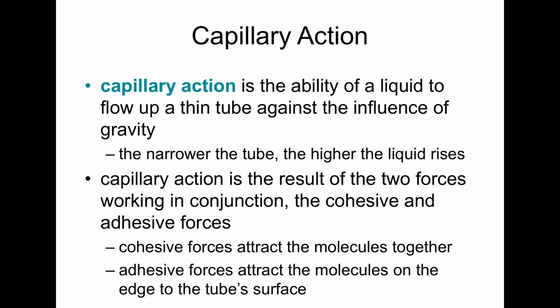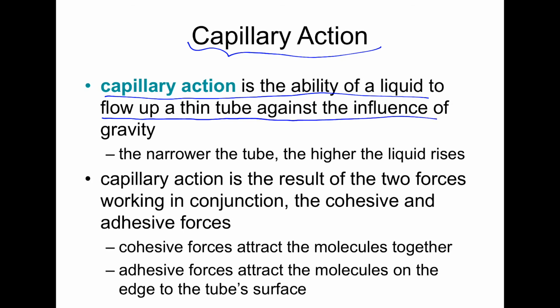The last property of liquids that I want to talk about in this video is capillary action. Capillary action is the ability of a liquid to flow up a thin tube against the influence of gravity. You might think that's really strange. Why would liquid flow up? But you've seen this so many times.